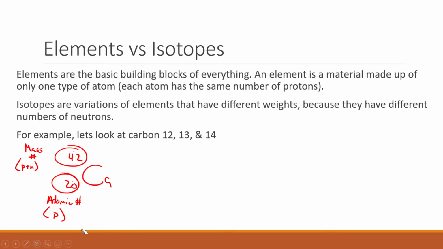The same element, right, meaning the same atomic number, can have different mass numbers. You can have different atoms of the same element with different numbers of neutrons. Because if they have the same atomic number, then the only thing that changes is the number of neutrons.